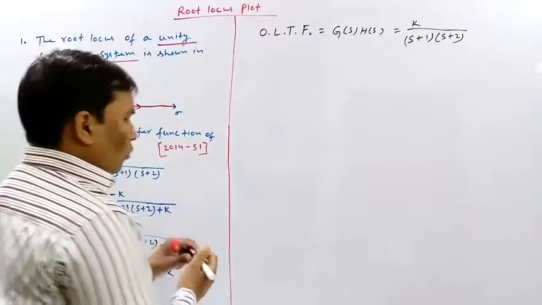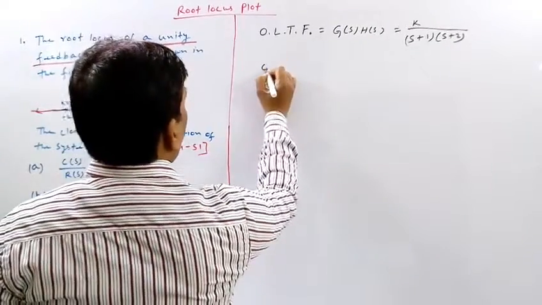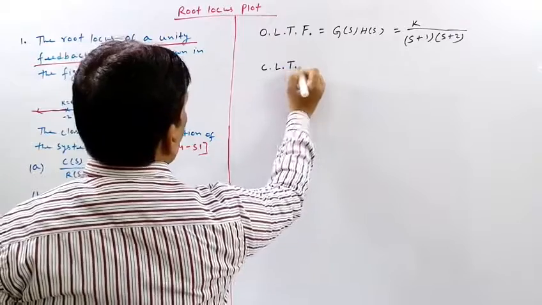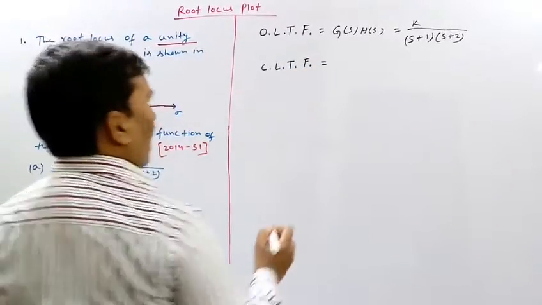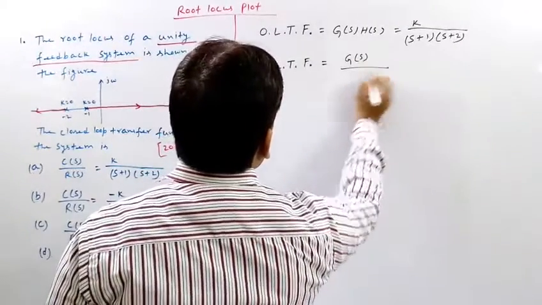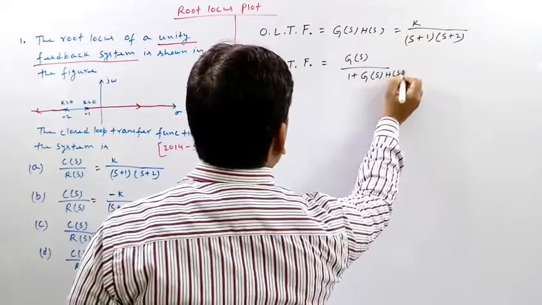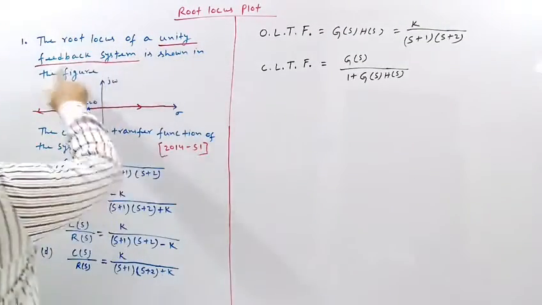Now the closed loop transfer function T(s), let me write it as CLTF, is given by G(s) divided by 1 plus G(s)H(s). Again, it is given that this is a unity feedback system.